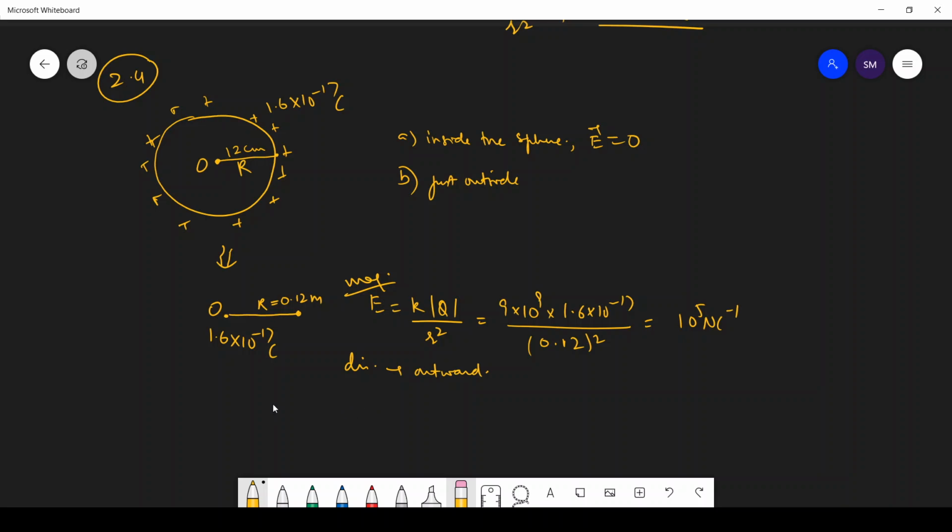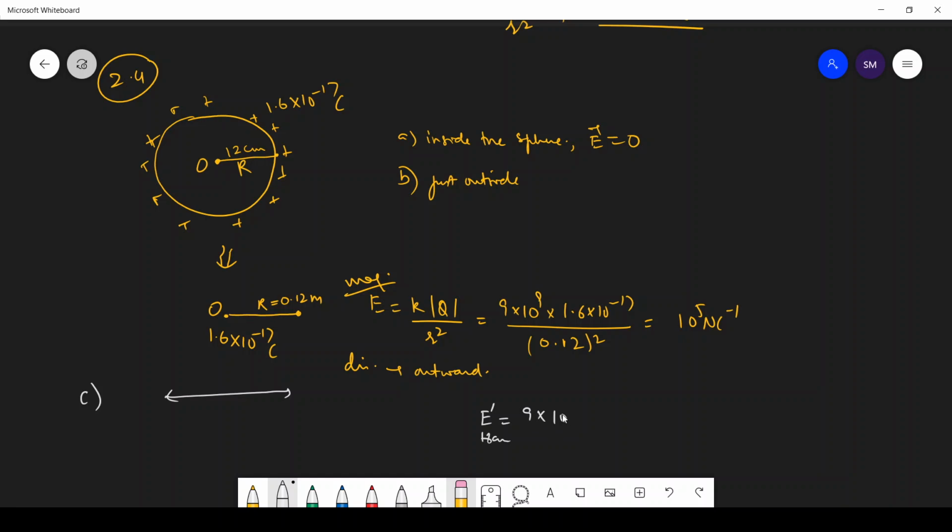Now C part of this question. What is the electric field at a point 18 centimeter from the sphere? The only thing is that now it is 18 centimeter. Initially it was 12 and now 12 to 18. So put here E equals E at 18 centimeter, you can write it E dash also.